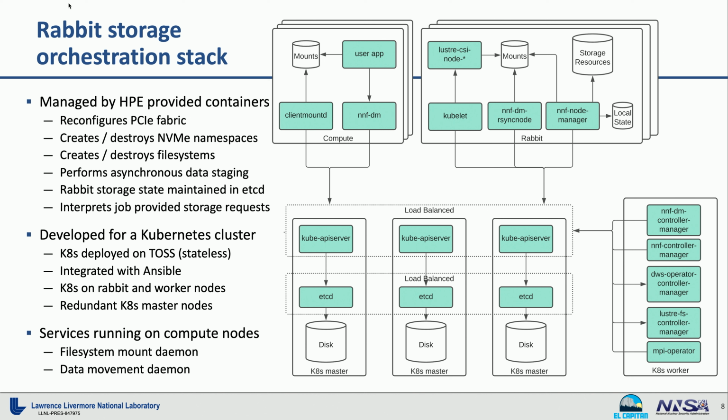So it needs to be able to reconfigure the PCIe fabric so that it can control access to that storage. It creates and destroys NVMe namespaces on the SSD to control how much of that storage is visible to the different nodes.